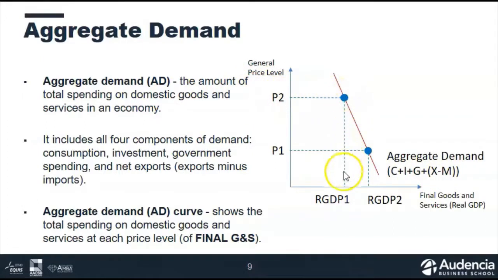If prices are really high, we're going to demand a lower level of goods and services. As the general price level drops, remember this is like the deflator, we'll want to buy more goods and services. So the demand curve tells us how much at all price levels we're ready to buy of final goods and services. It's the demand curve for the economy.